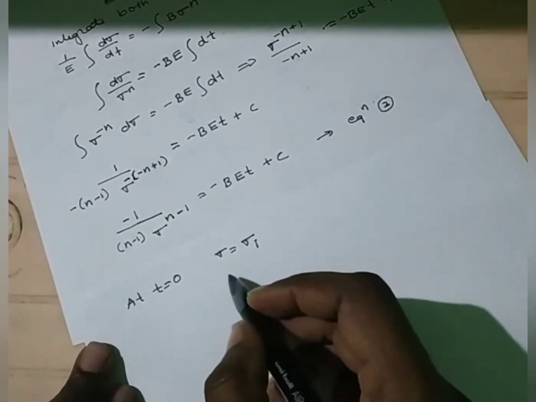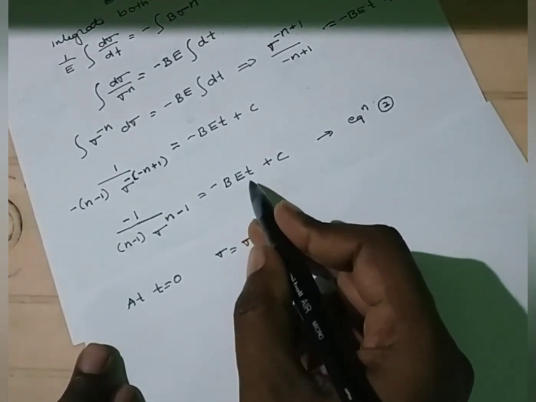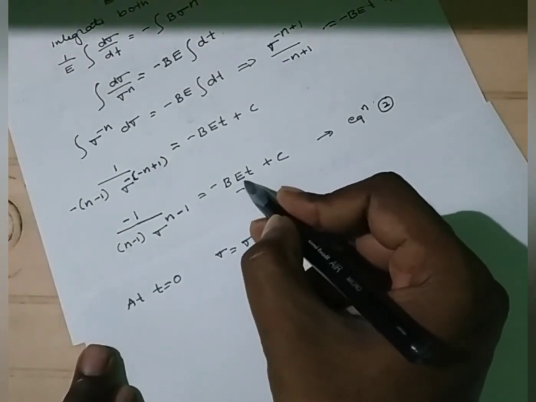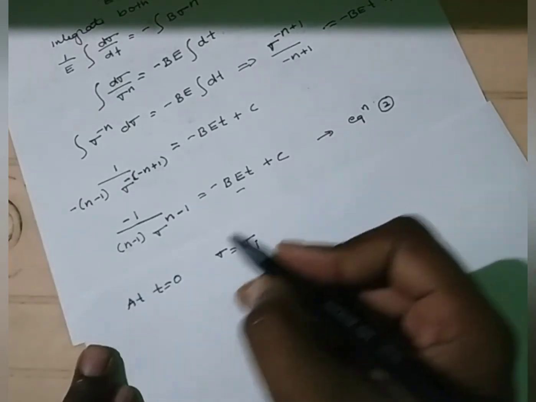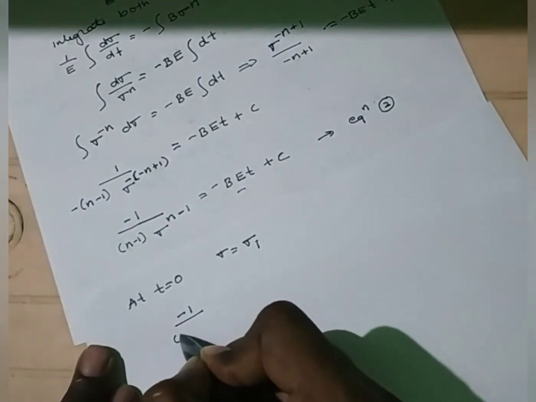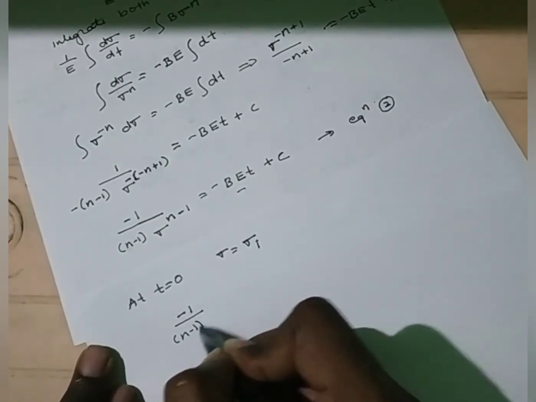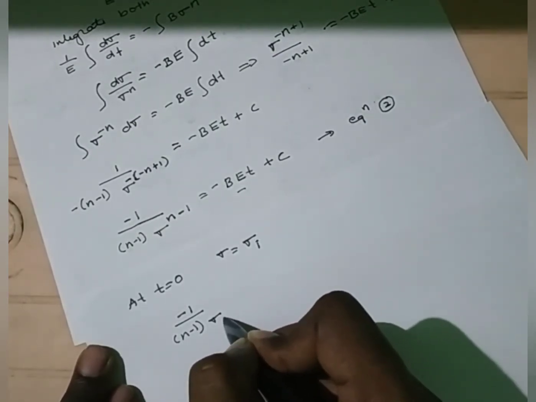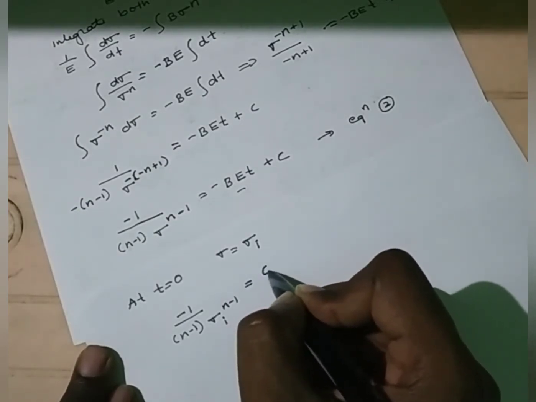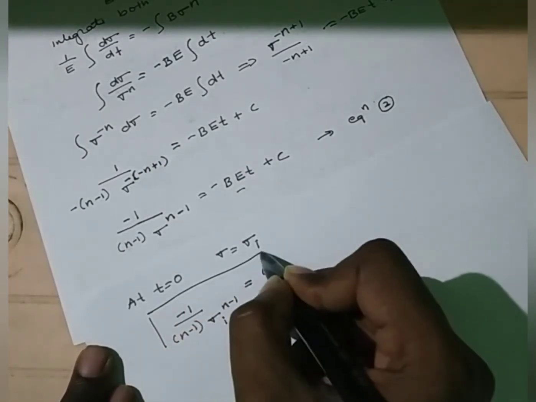Now apply these conditions. When time is equal to 0, this term will become 0, because 0 into anything is 0. Now minus 1 divided by n minus 1, sigma i power n minus 1 is equal to C. Now we have the value of C.